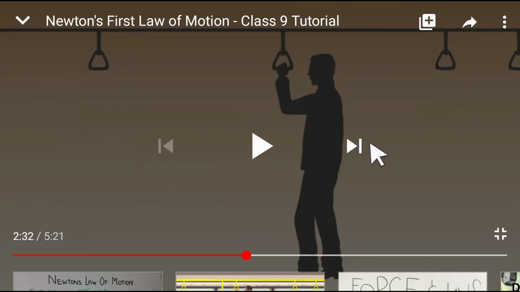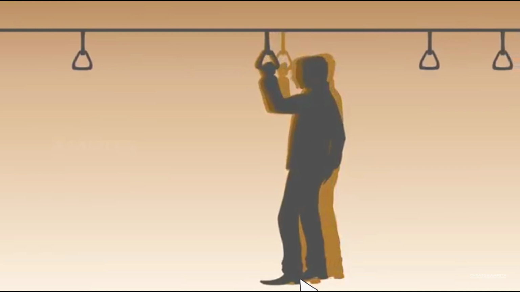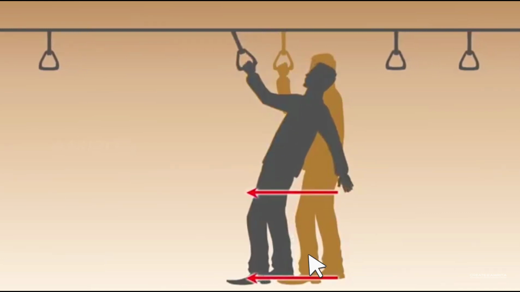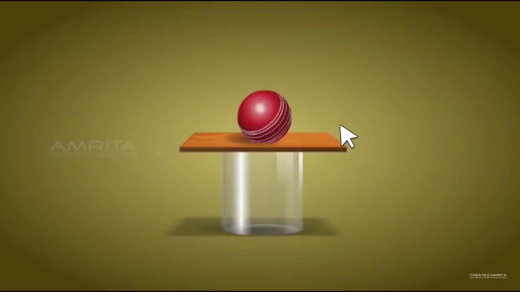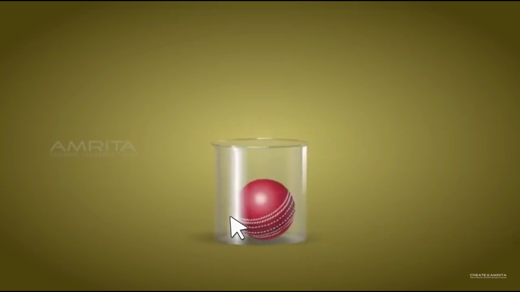As a result, the person fell backward. So this is nothing but the property of inertia. The feet were at rest, but the remaining body, due to inertia, remained behind. This is activity 9.1.